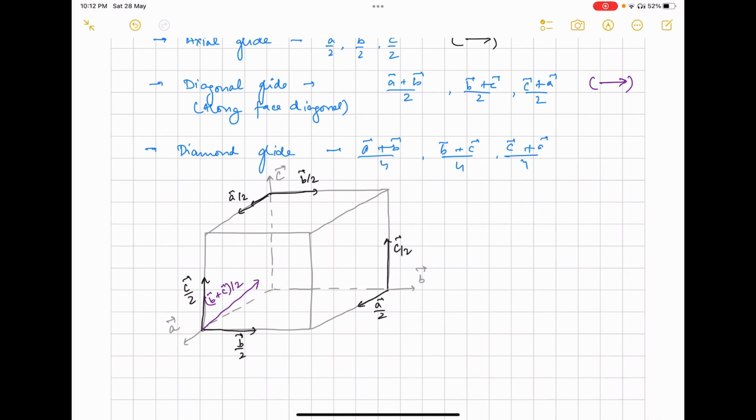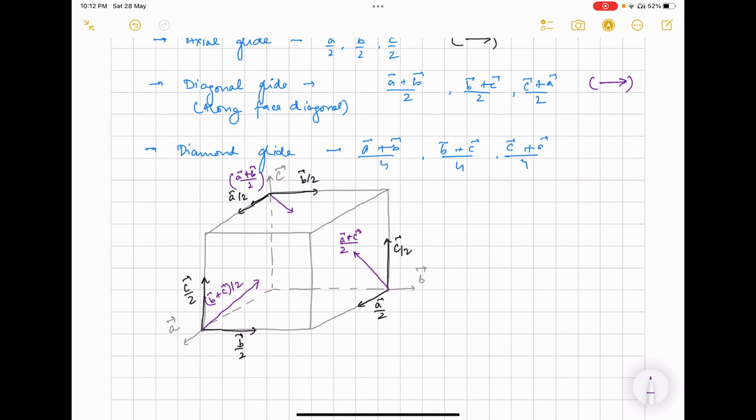Similarly, if you come here, it will be a vector plus b vector by 2, and here it will be a vector plus c vector by 2.